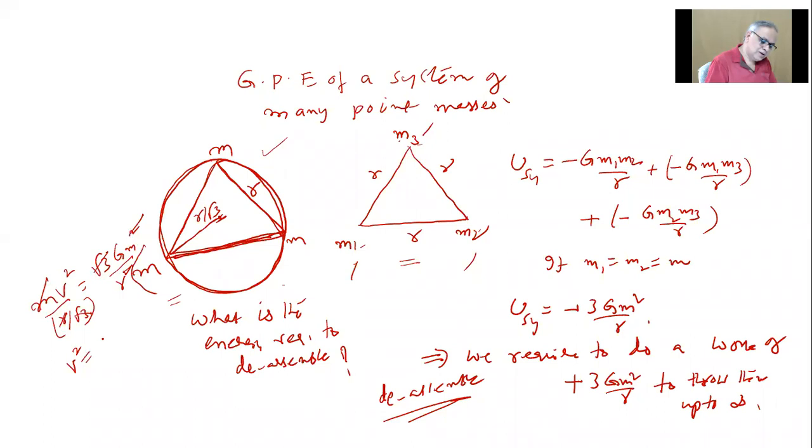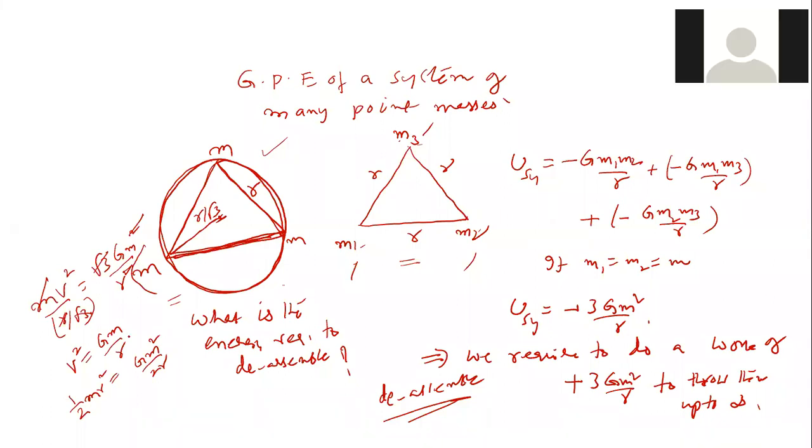Root GM by R. Is the calculation right, children? Yes. Check it. So half m v square equals how much? G M square by 2r. Am I correct? Multiplied with half on both the sides, nothing else.